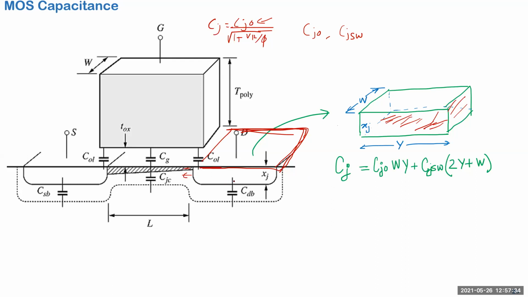Like I said, that's level 1. In level 2, 3 and so on, they take the doping profile into account. But essentially you take the bottom plate area, which is the area of the source or drain, multiply it with the Cj naught value given by the foundry, and then they give you another number called CJSW, which you multiply with the perimeter. This is all taken care of in the model itself.